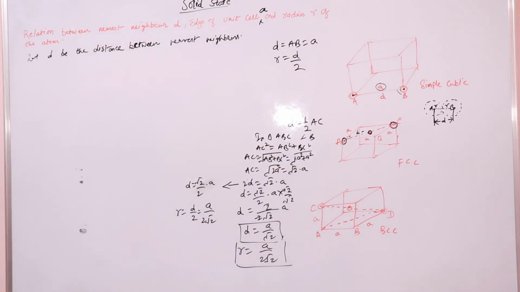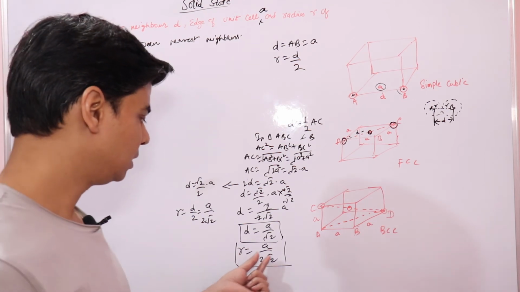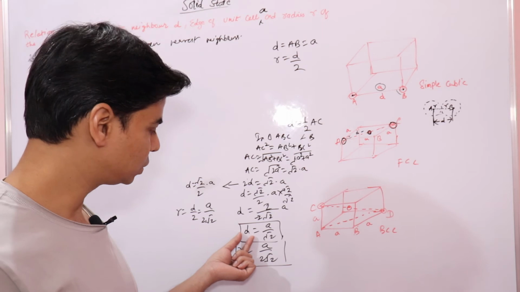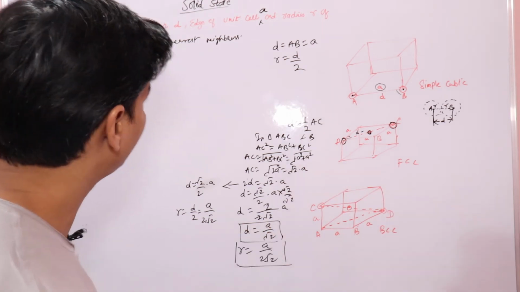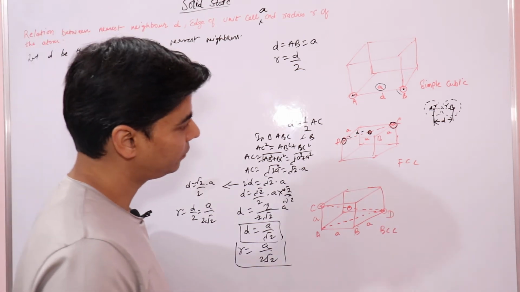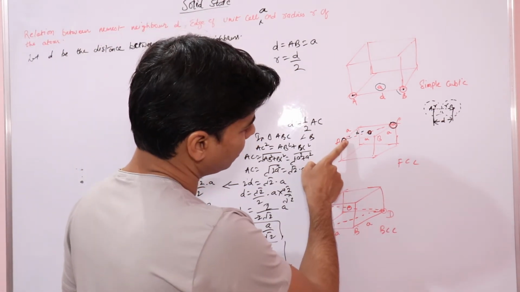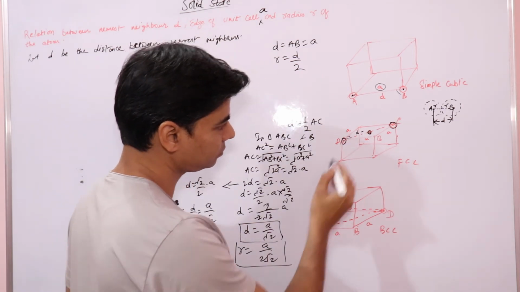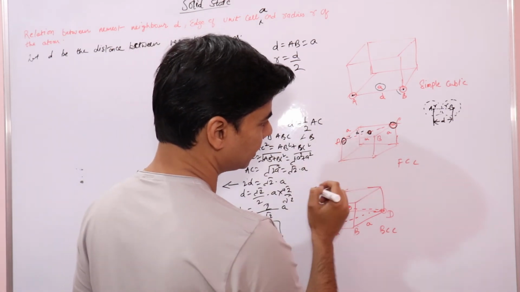This is for FCC, the relation between the radius of the particle and the edge length, and the relation between the distance between the closest neighbors and the edge of the unit cell. This is very simple mathematics. This is the distance between the closest neighbors, and this is D, right?